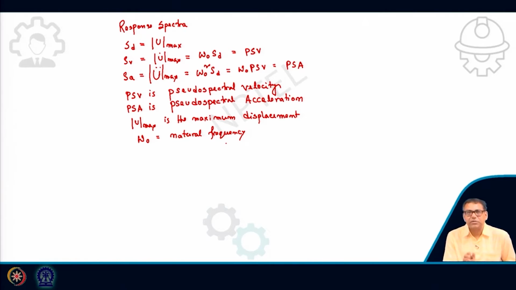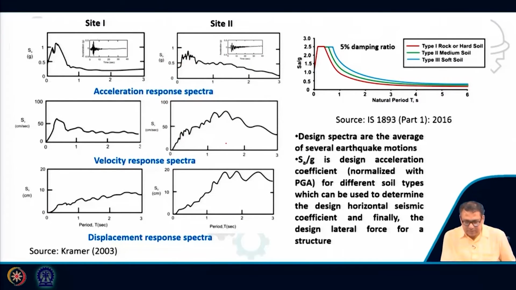You have to use the help of numerical integration, which I have also discussed, to get the expressions for velocity, acceleration and displacement time history. Finally, I will get the acceleration response spectra, velocity response spectra and displacement response spectra.